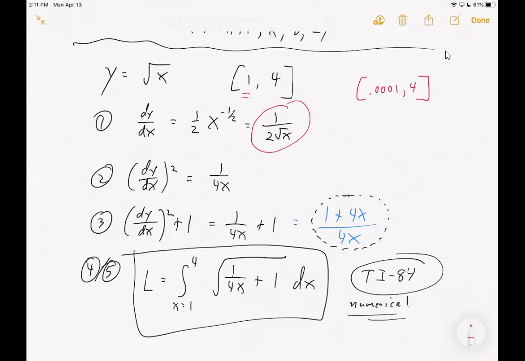That wouldn't be a bad way of trying to figure out what approximately the answer is from 0 to 4. But I can't actually go all the way from 0 to 4 because the derivative does that. Which is a reason you might want to rewrite this as y squared equals x, and then do the whole thing in terms of y, but you'll have to look in the book about how to do that.